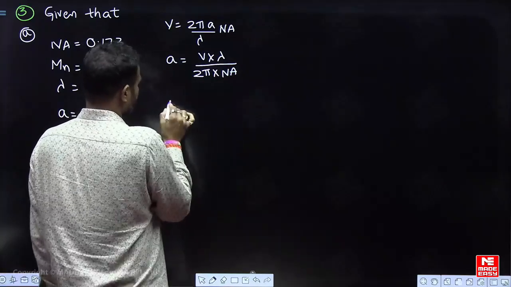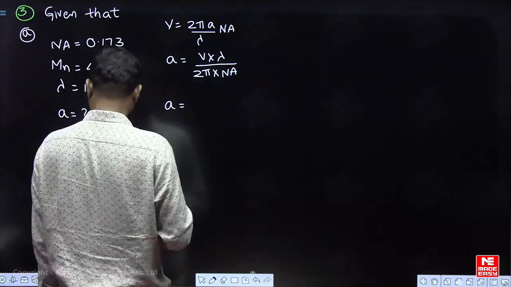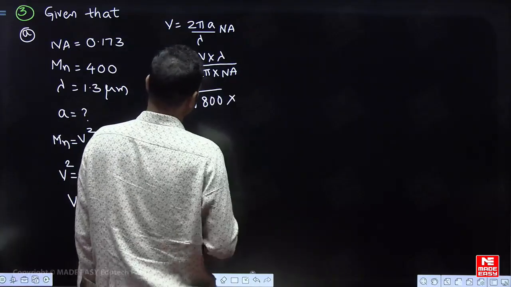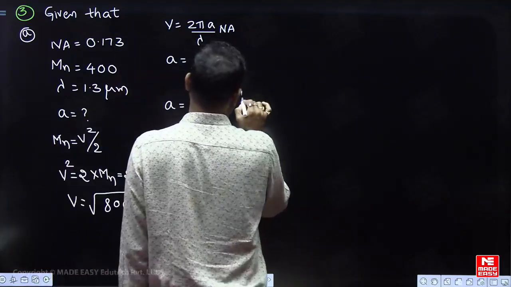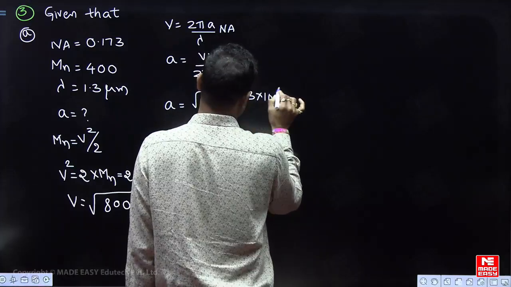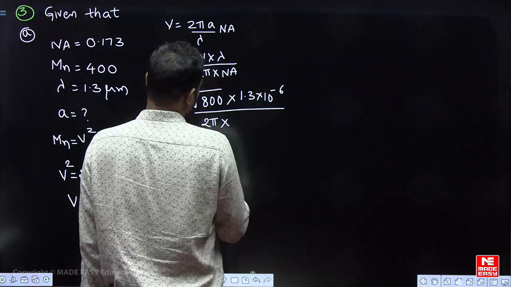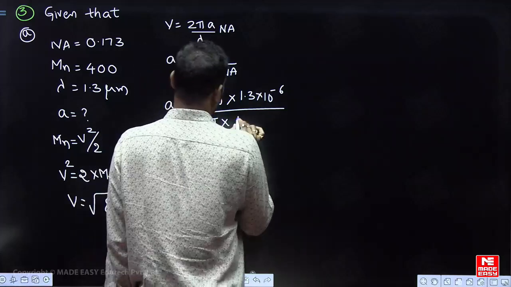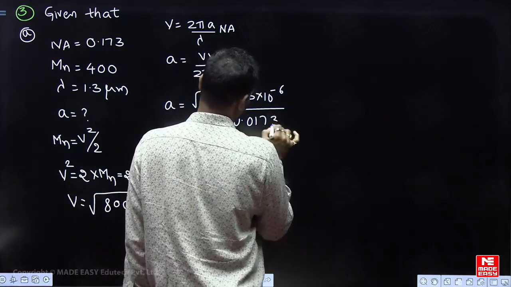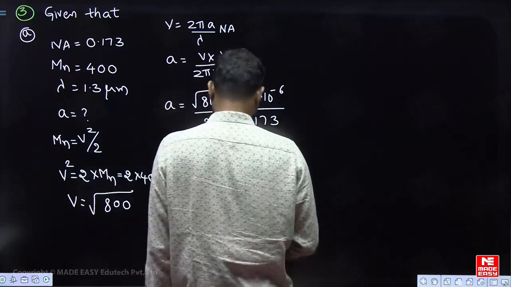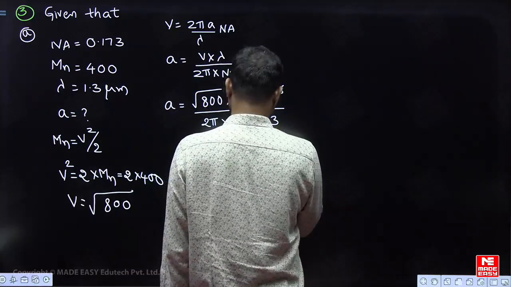V is equal to root of 800, lambda is equal to 1.3 into 10 to the power of minus 6, whole divided by 2 pi into numerical aperture, and the numerical aperture is 0.173.